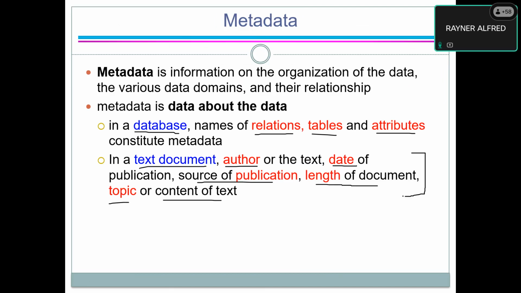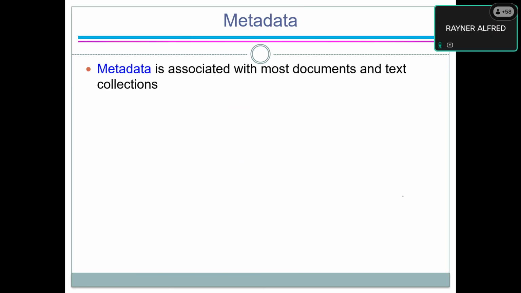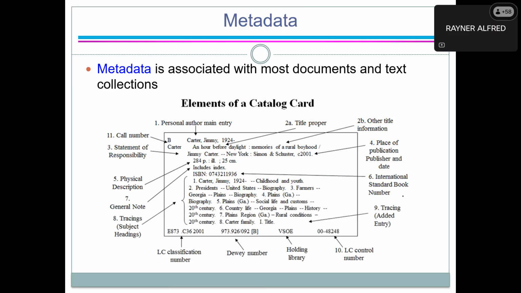How do we know how to extract this? So we need to know the format of your document. So in most cases, we have this catalog card. So metadata is associated with most document and text collection. For example, over here, we have the place of publication.